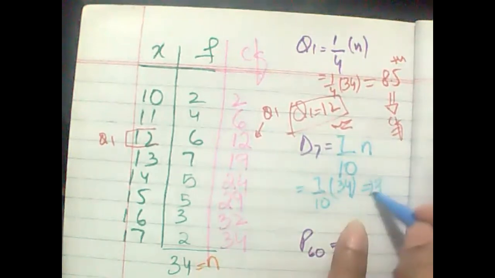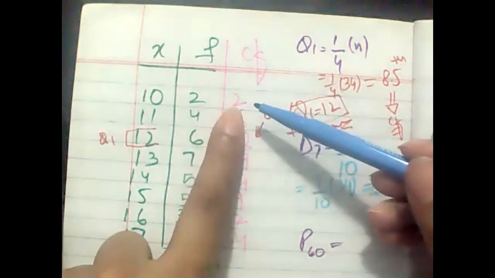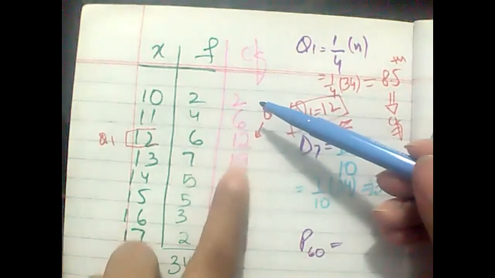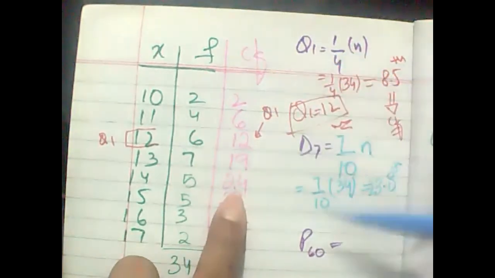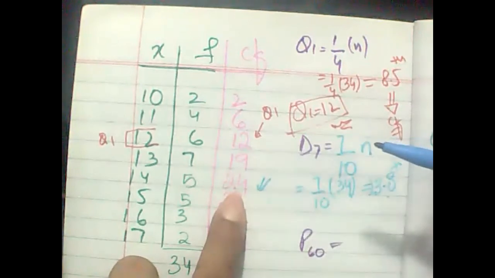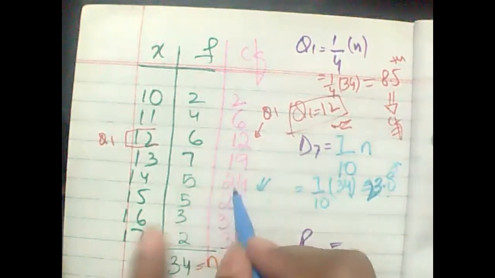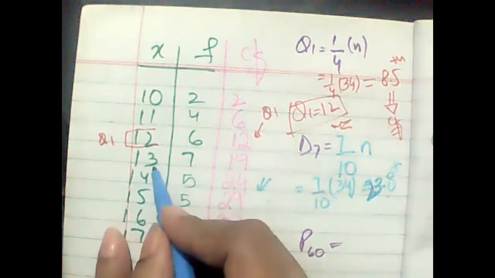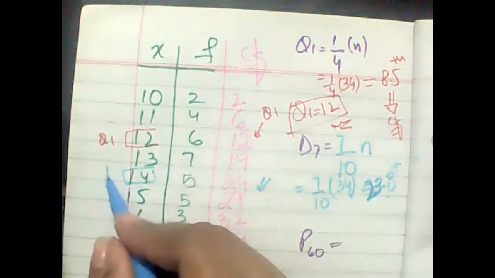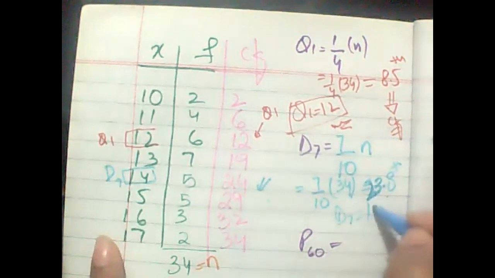I want the 23.8 value. Let's check 23.8. Up to here 2 has come, up to here 6, up to here 12, 18, 24. I want 23.8. 23.8 is here, right? So then what will be the value of my D7? D7 is the answer, 14.